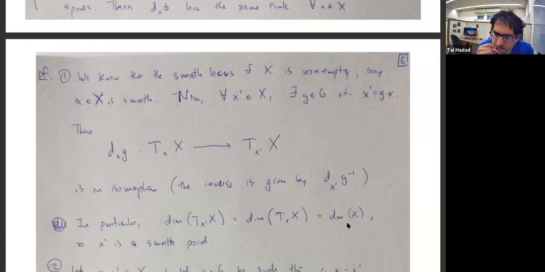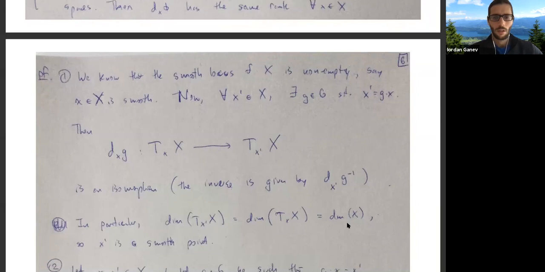Why is this an isomorphism? You can think about it as having an inverse. So we take the differential of the action of g inverse. By the way, maybe I'm abusing notation: I'm identifying g with the associated automorphism on X. But then if we do this g inverse at x prime, by the chain rule that's the same as doing the identity on little x, and that's an isomorphism.